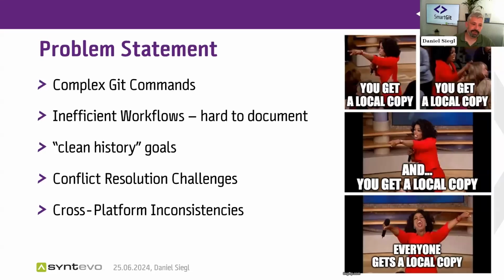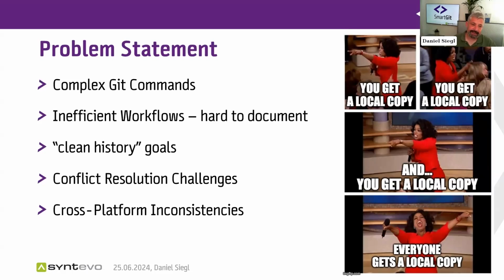Some workflows became very inefficient for that and hard to document, which is also always a hassle for users from organizations that build safety critical software. If the workflows are hard to document, it's typically not very nice to have.